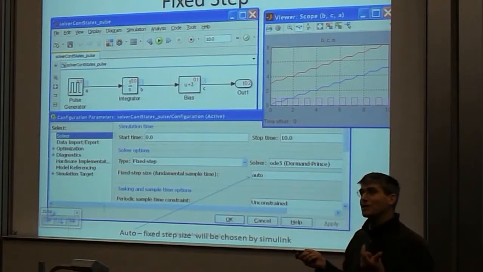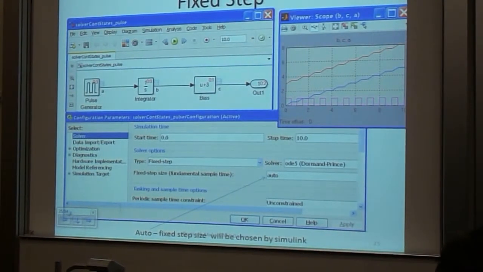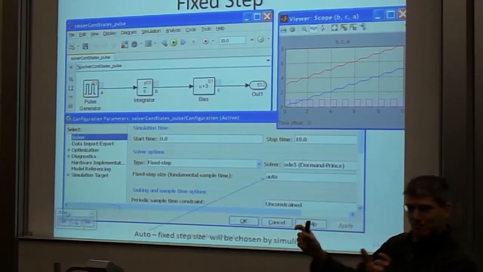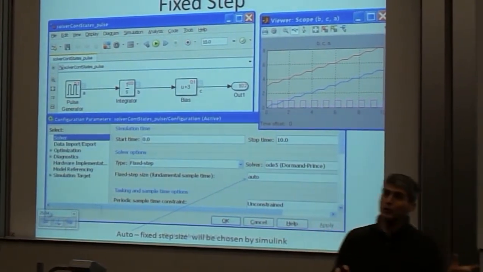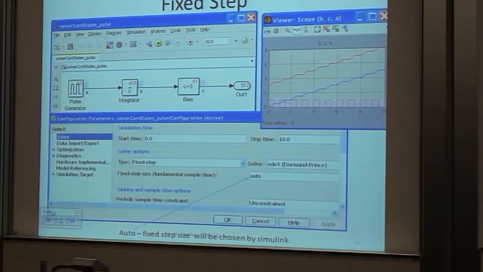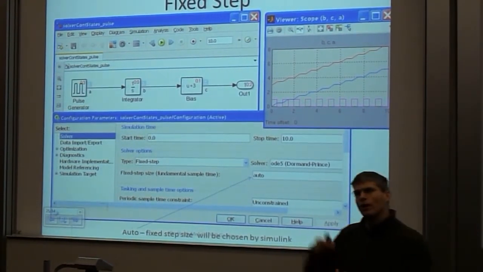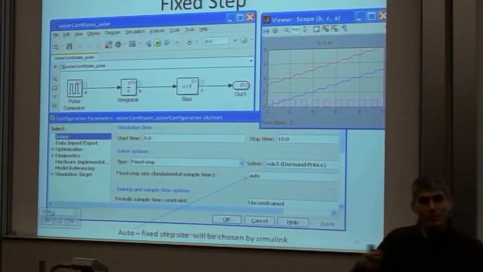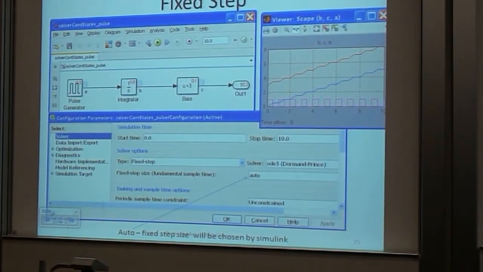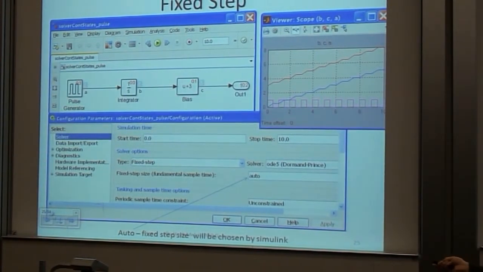In fact, if you try and set it to something else, it will give you an error saying, no, you need to set something that's a multiple of it. So the step size here is 0.1 and the pulse essentially is 0.3. That's really showing you, again, behind the scenes what Simulink is trying to do in terms of choosing the fixed step size.